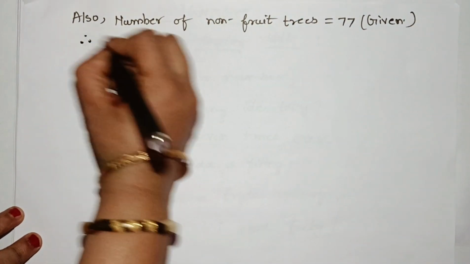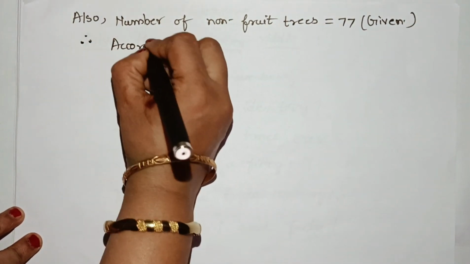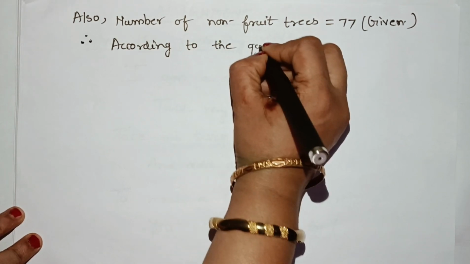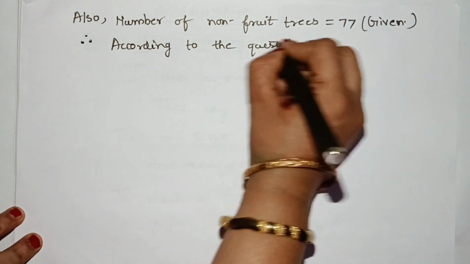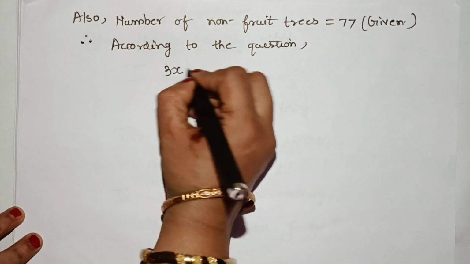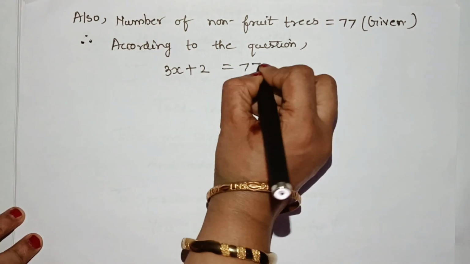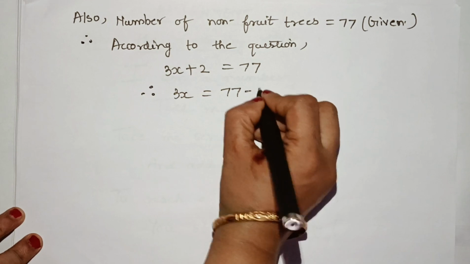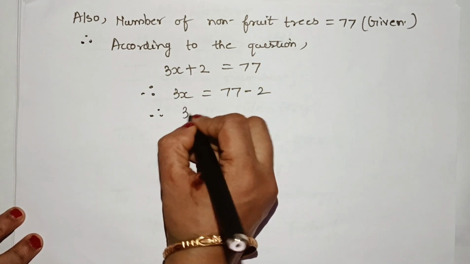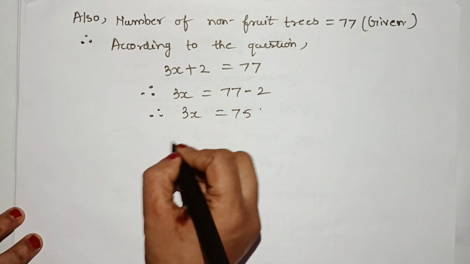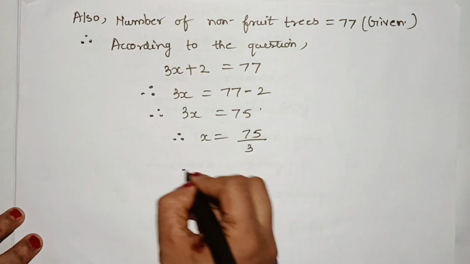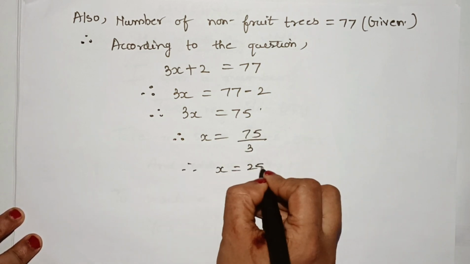Therefore, according to the question, the equation formed is 3x plus 2 equals 77. By the transposing method, 77 minus 2, 3x equals 75. Therefore, x equals 75 by 3. Therefore, x is equal to 25.